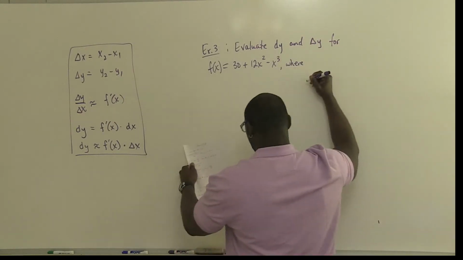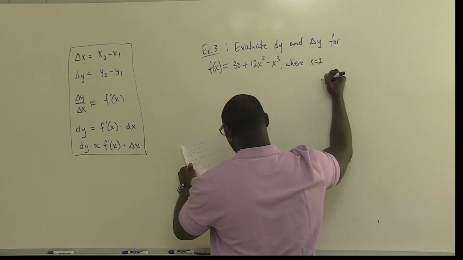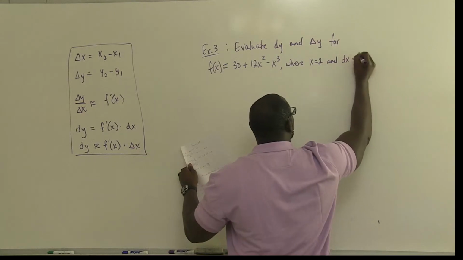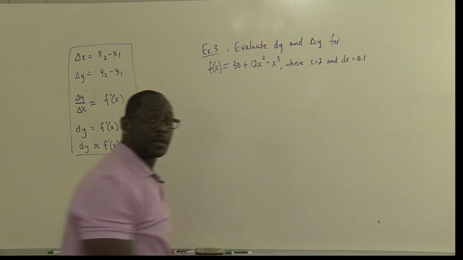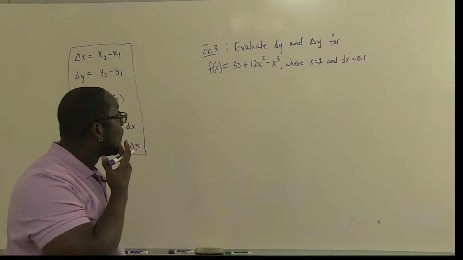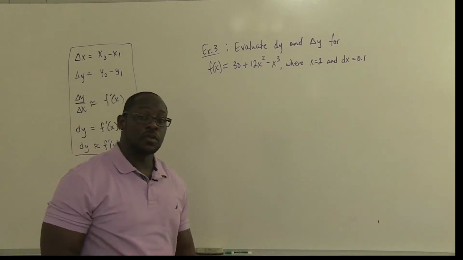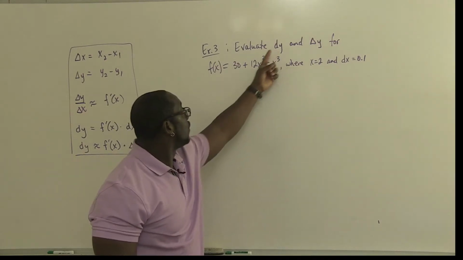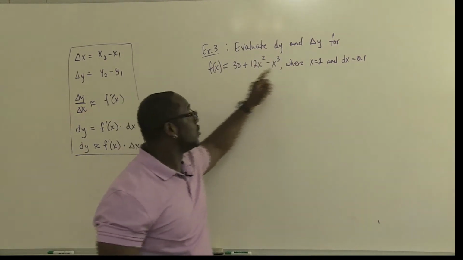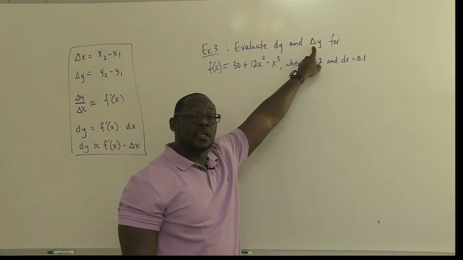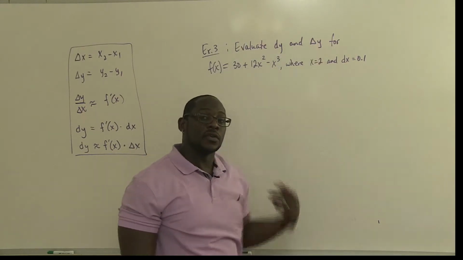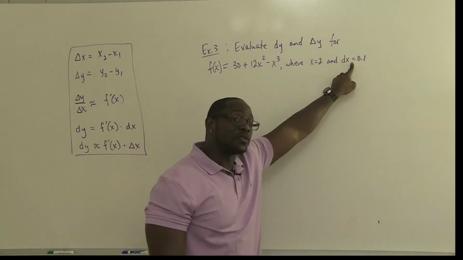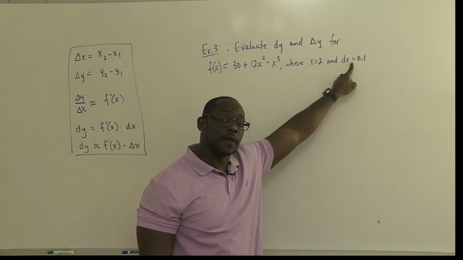We're given here that x will be equal to 2, and in this case, dx will be equal to 0.1, okay? The point of this particular problem is to show you how the differential of a function at a particular x value and its incremental difference are going to be almost the same, depending upon how small delta x is.